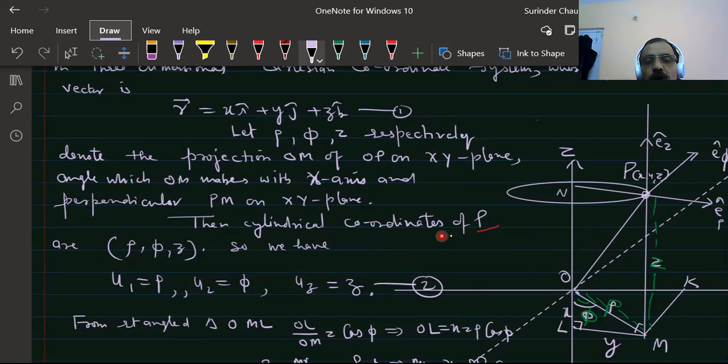Then the cylindrical coordinates of the point P. In order to reach point P in Cartesian space, we move parallel to the x-axis, then the y coordinate, then the z coordinate.